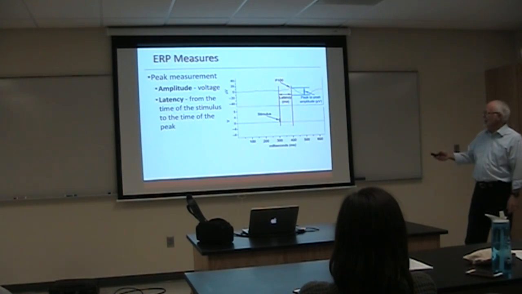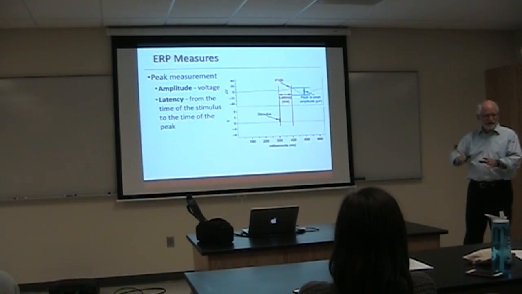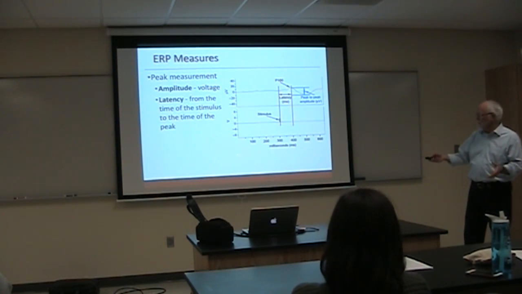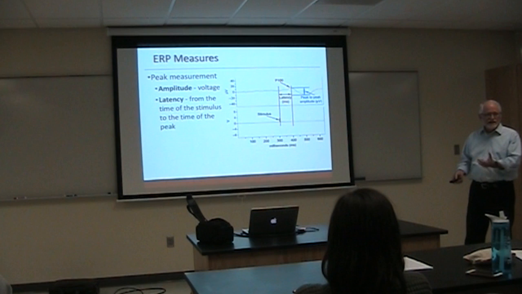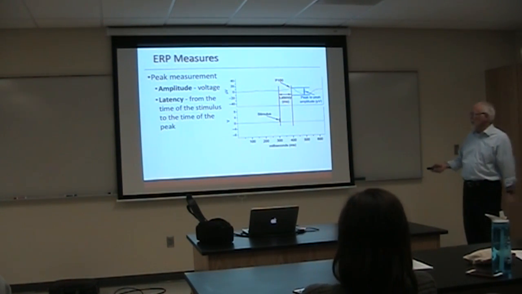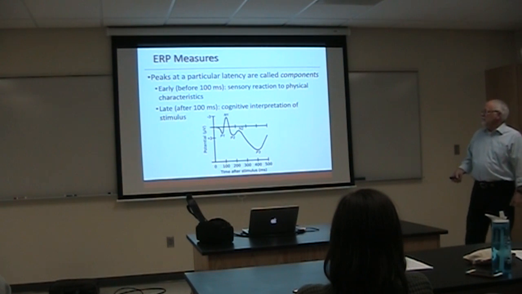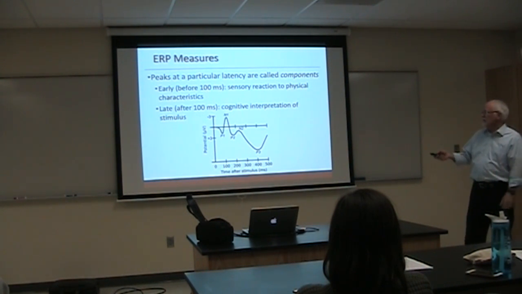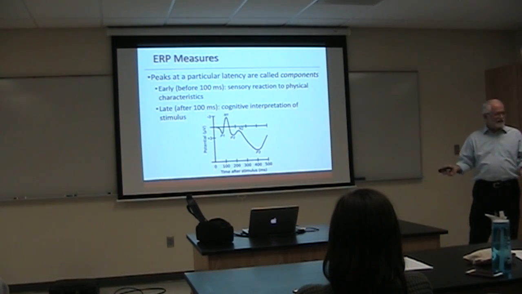So we measure two things in an ERP experiment. We're measuring the amplitude, how much the deflection goes away from the center point, and we're also measuring the latency. How long after the target was presented do we see this peak or this component, either in a positive or negative way? So the early peaks before 100 milliseconds after the onset of the stimulus, not much cognitive processing has gone on.